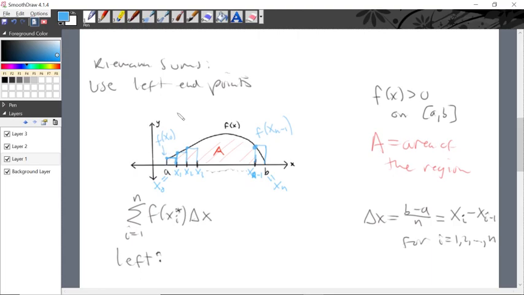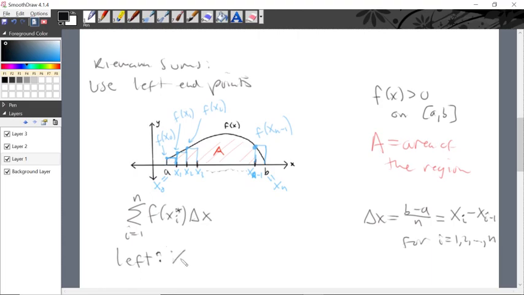The second rectangle's height is at f of x1. The third rectangle's height was at f of x2. So the xi stars, when we're doing left endpoints, would start at x naught, and then x1, and then x2. And the last xi star when choosing left endpoints would be x sub n minus 1.